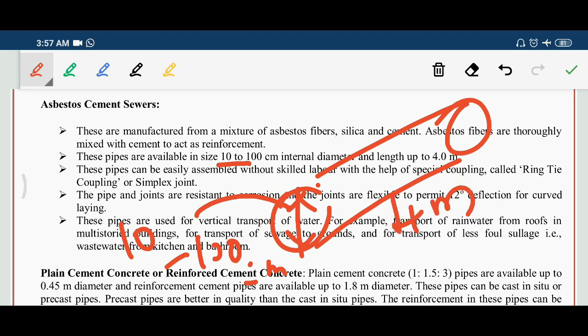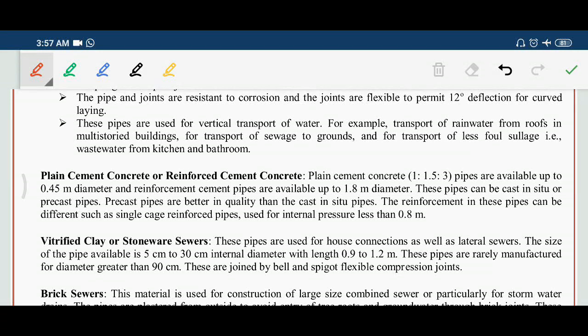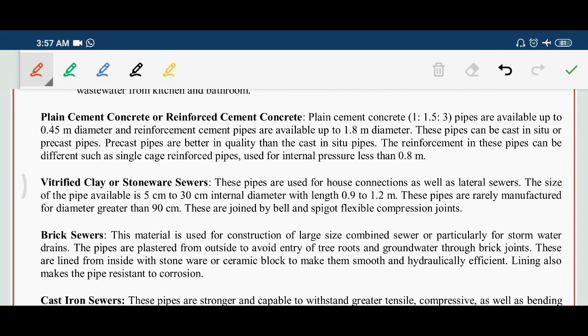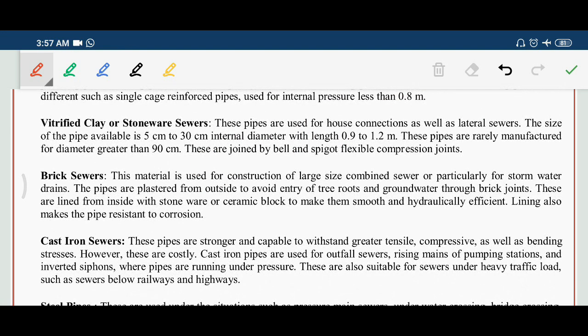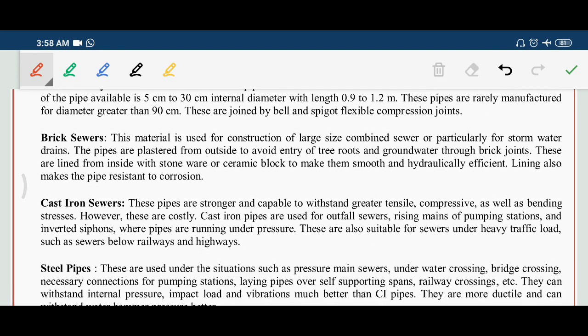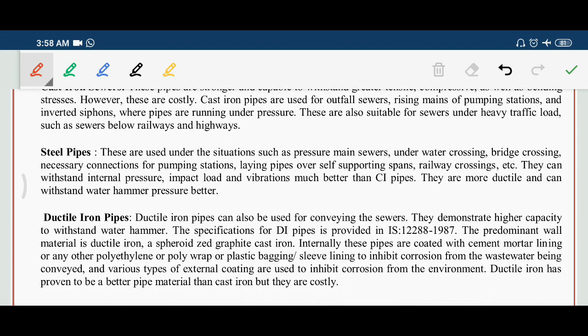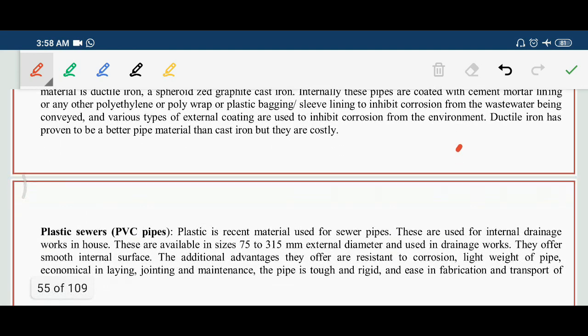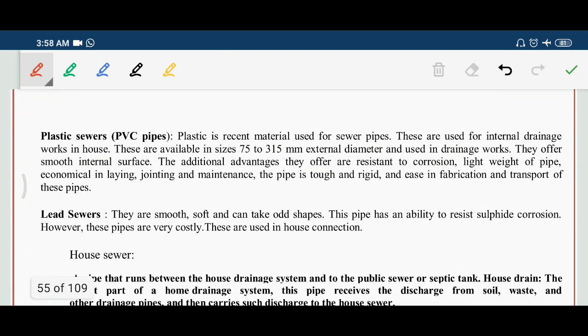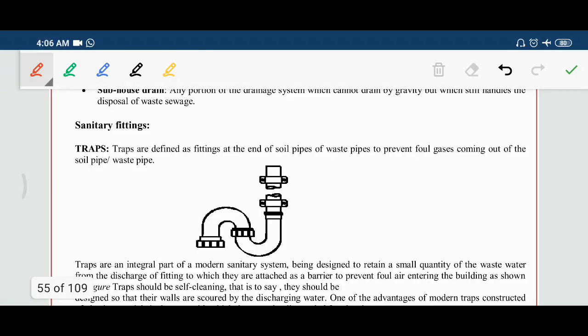Plain cement concrete or reinforced concrete is also used. The mix ratio will be 1:1.5:3, that is M20. Then the diameter of the pipe will be 0.45 meters. Next we have stoneware sewers, brick sewers, cast iron sewers, steel pipe sewers, ductile iron and plastic sewers, lead sewers.